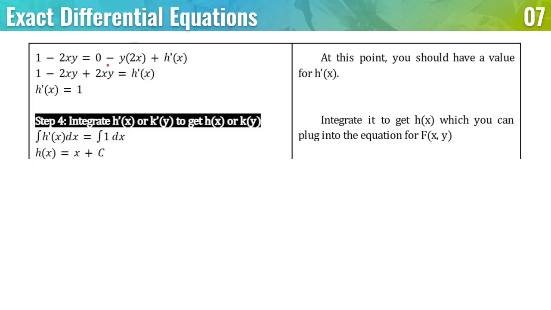This is now going to be negative y times 2x, or negative 2xy. So you can see that there are two 2xy's on both sides of the equation. Simply cancel them, and then isolate h prime of x. Once h prime of x is isolated, take the integral of both sides with respect to the variable inside.